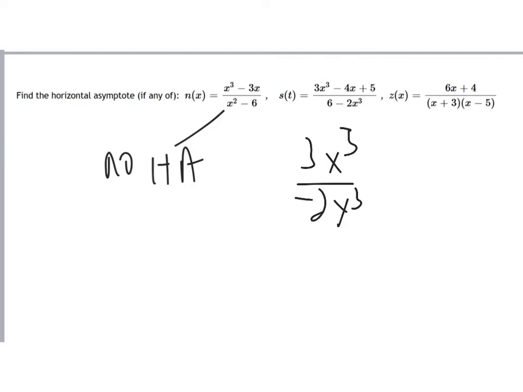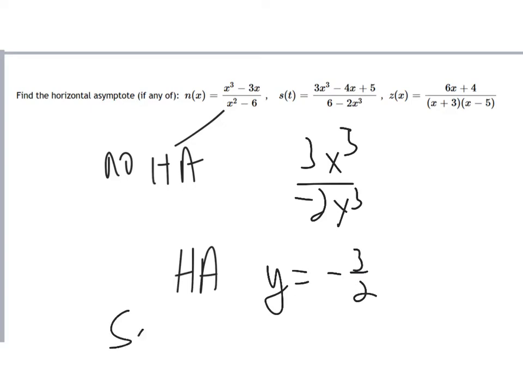Well, aren't those growing at the same rate because the powers are the same? So that tells me the horizontal asymptote is the equation y equals negative 3 over 2. So if it's the same degree, the horizontal asymptote is the ratio of the coefficients of the leading terms.